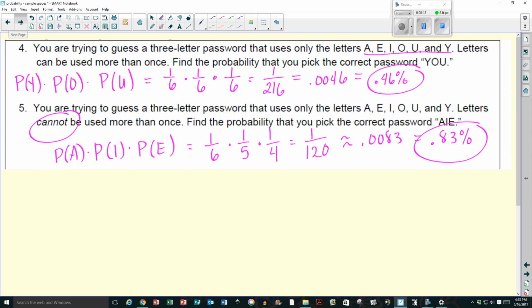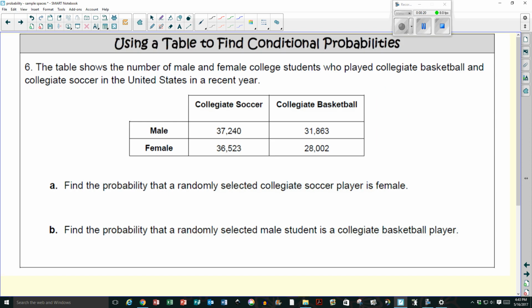All right, and our last part is using a table. So what we're going to do, this is kind of like the pizza thing. You're going to go through and add up all your numbers. So you add up your soccer players. So there are 73,763 soccer players. There are 59,865 basketball players. There are 69,103 male players.